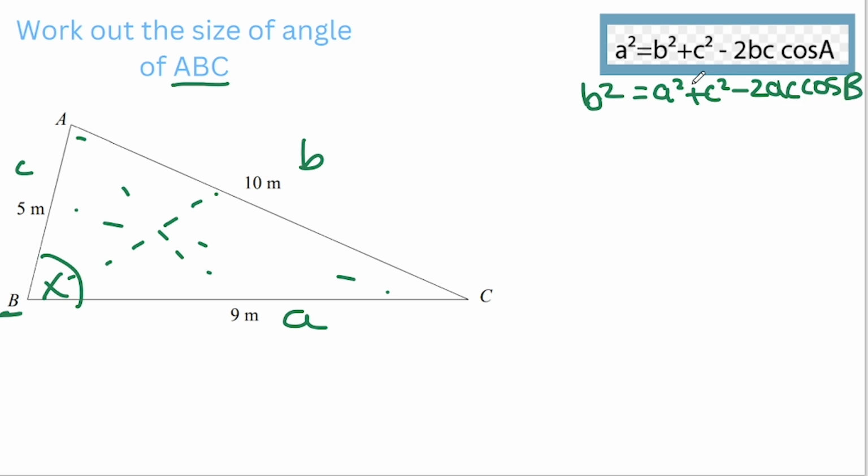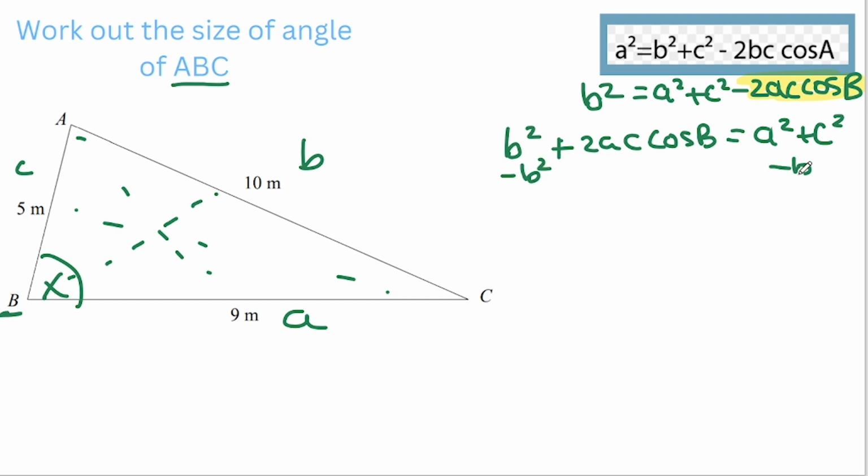I need cos B on its own, so I'm going to take this term to the other side. So I'm going to add 2ac cos B on both sides. So I'm left with b squared plus 2ac cos B equals a squared plus c squared. I'm going to subtract b squared from both sides. So now I'm left with 2ac cos B equals a squared plus c squared, take away b squared.